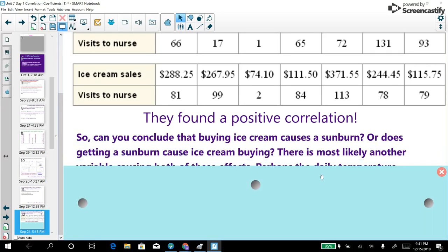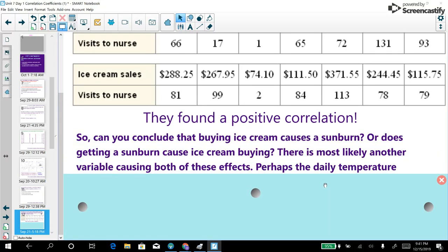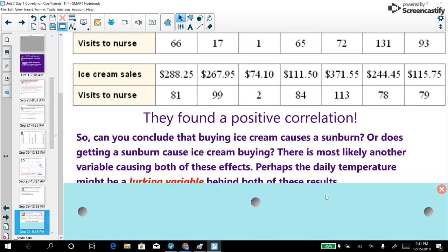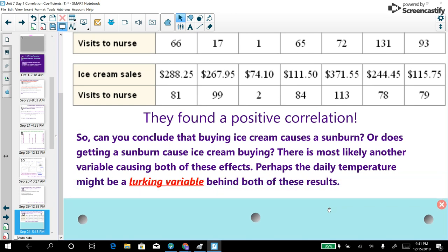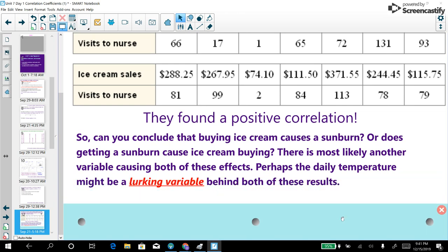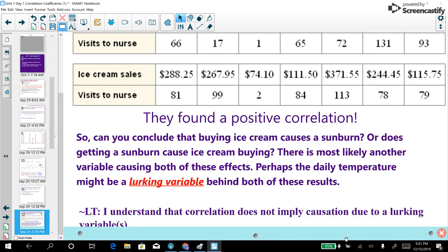But can you conclude that buying ice cream causes sunburn? Or does getting a sunburn cause ice cream buying? Well, of course not. But there is something happening there. There's most likely another variable causing both of these effects. Perhaps the daily temperature might be what we call a lurking variable behind both of these results.